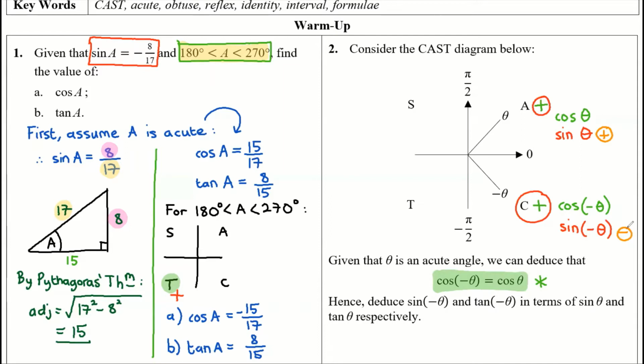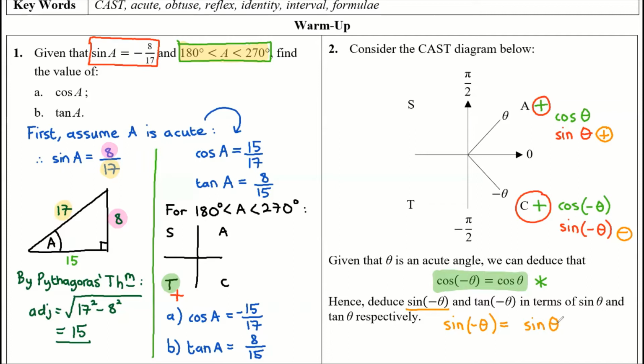Now that means you can put them equal to each other, provided you change the sign of one of them. So to answer the first part of the question, sine of negative theta is almost equal to the sine of theta, but sine is negative in that fourth quadrant, so they can't be the same sign.